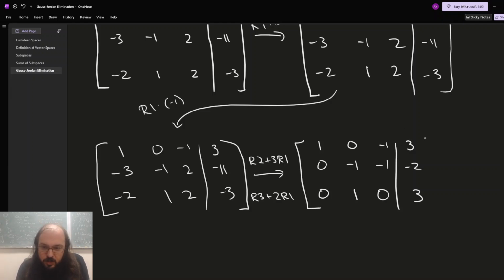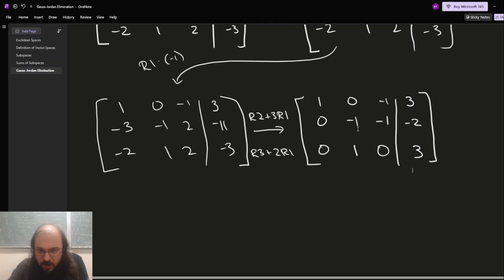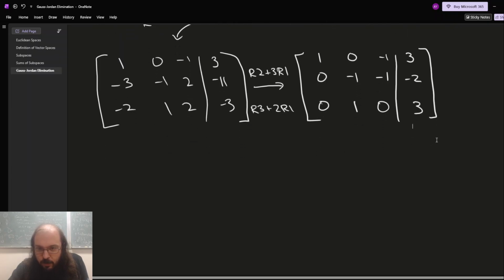Okay, so this got us quite a bit of progress, because now I can see that there is a second 1. In order to make a leading 1 appear in the next row, I could either multiply row 2 by -1, but this row already looks perfect. So how about I just take that one?